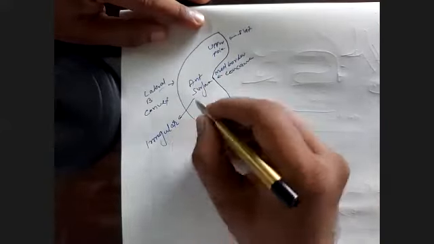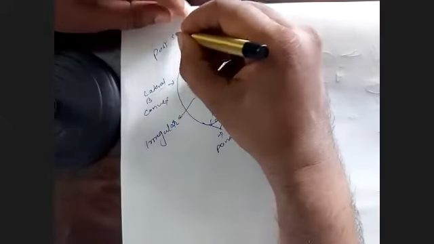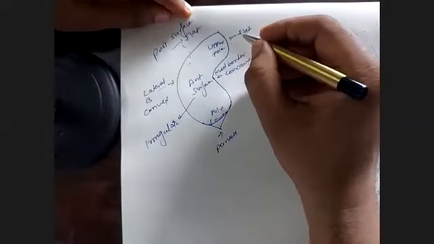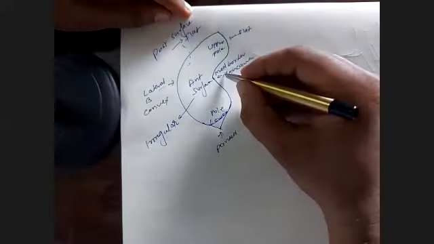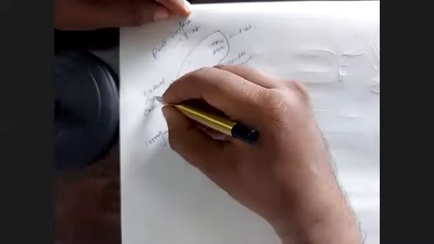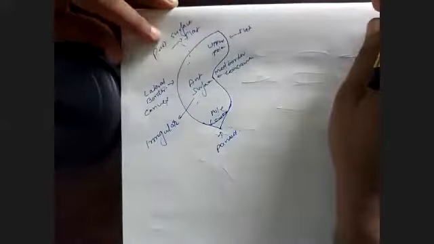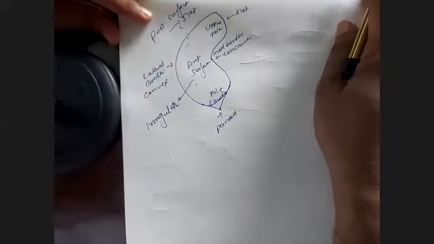Posteriorly, there is the posterior surface, and it is flat. So upper pole is flat, lower pole is pointed, medial border is concave, lateral border is convex, anterior surface is irregular, and posterior surface is flat.